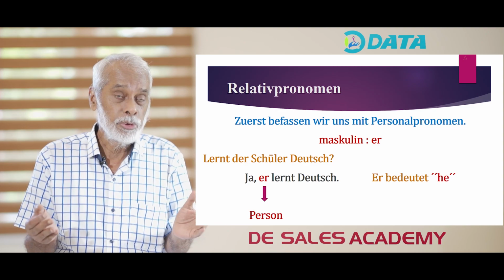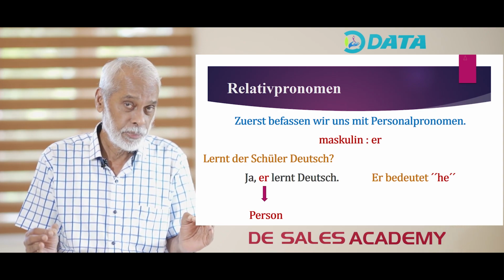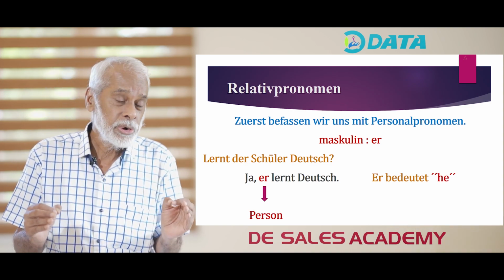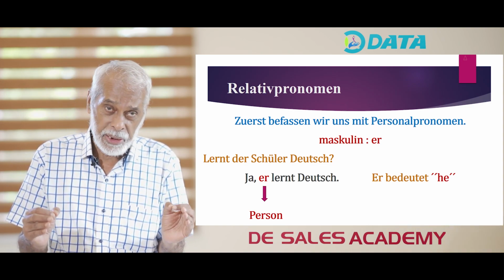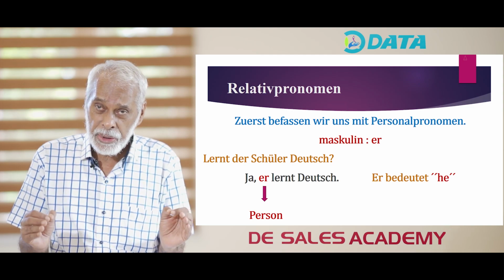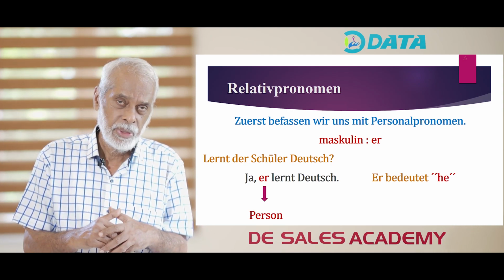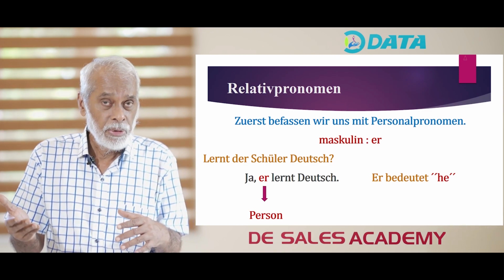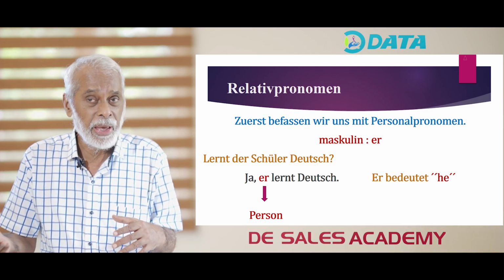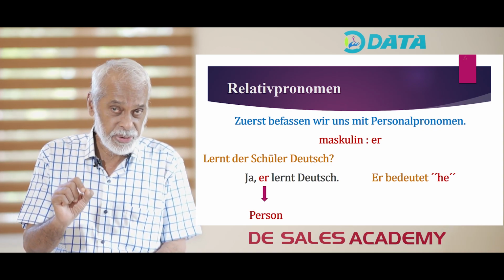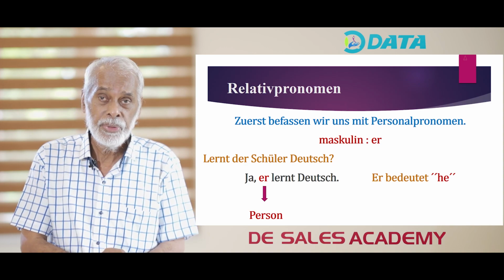Here we are talking about the Schüler, a pupil. So, in that answer, er is the pronoun and that is a person. And so naturally, we will have to translate this as he. Das heißt, er bedeutet he.